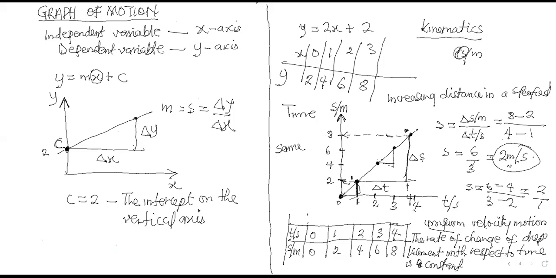Okay, so things to derive from a displacement time graph. 1, for a displacement time graph, the slope or gradient is equal to the velocity.